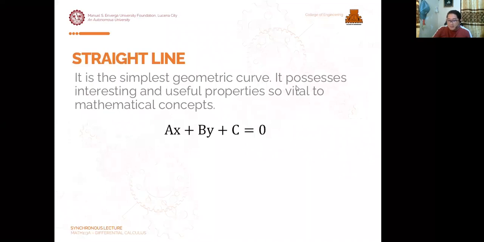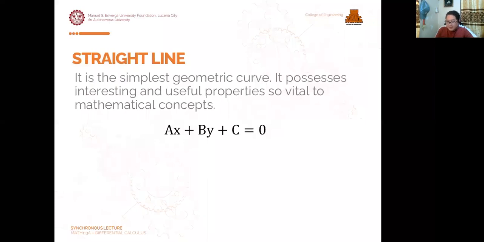So it possesses interesting and useful properties na napaka-vital niya to mathematical concepts. So yung straight line natin is given by the standard formula ax plus by plus c. Okay? So pag meron tayong formula nung mismong equation ng line natin, meron tayong pwedeng ma-derive sa kanya. Yun nga yung tatawagin natin forms of slope or yung forms of line using slope.